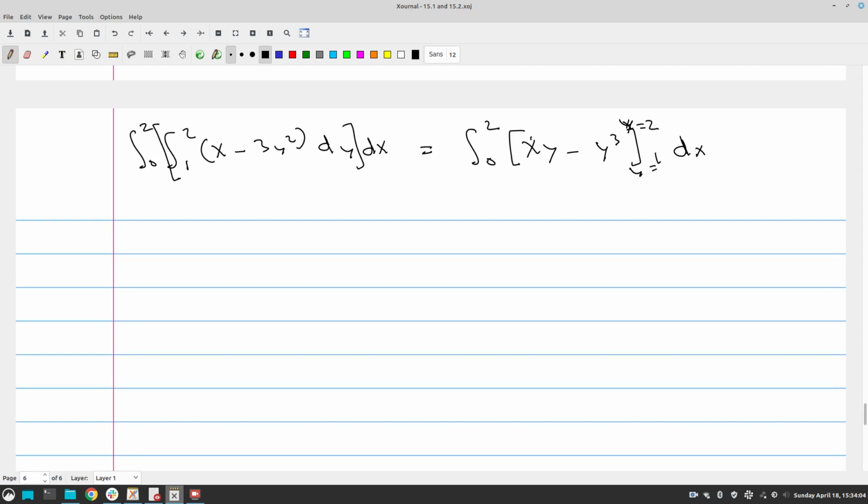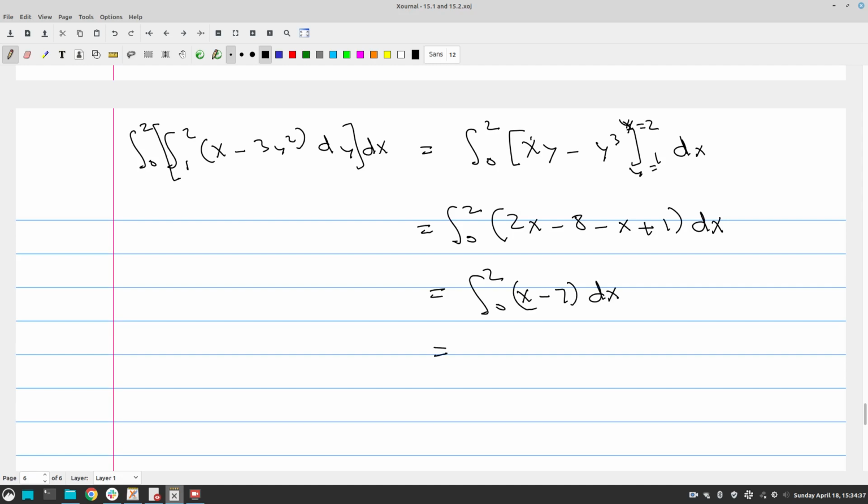Okay, so from 0 to 2, and this is going to give you a function of x. So this is going to be 2x minus 8 minus x plus 1 dx, and this is equal to the integral from 0 to 2 of x minus 7 dx.